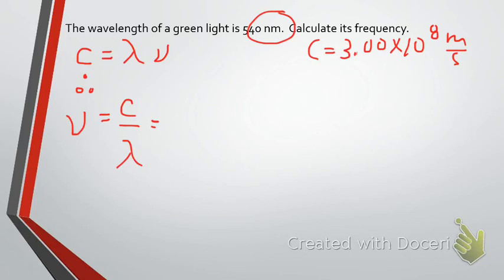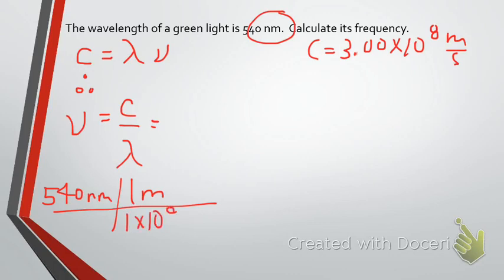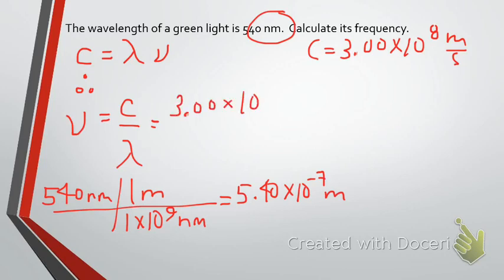So let's convert 540 nanometers into meters. And if you remember, I'm not going to skip any step, but 1 meter is equal to 1 times 10 to the power 9 nanometers. So therefore, 540 nanometers is equal to 5.4 times 10 to the minus 7 meters. So now let's plug and chug. We have 3.00 times 10 to the power 8 meters per second.